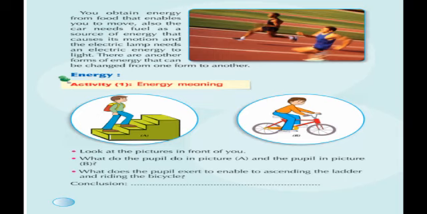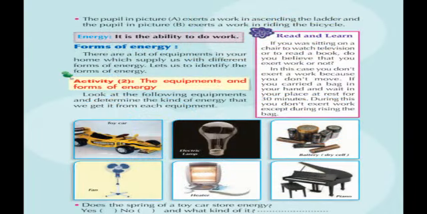So, what does the pupil exert to enable ascending the ladder and riding the bicycle? Of course, the pupil in picture A exerts work to ascend the ladder, and the pupil in picture B also exerts work for riding the bicycle.